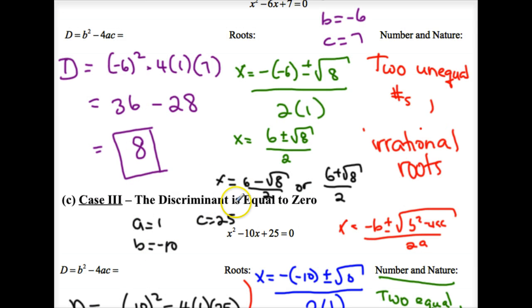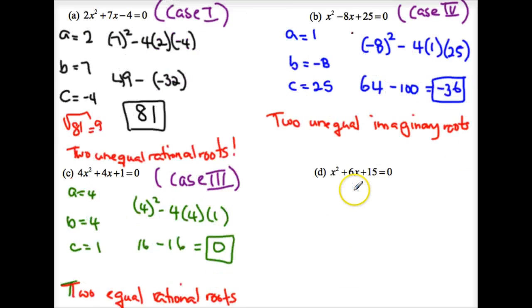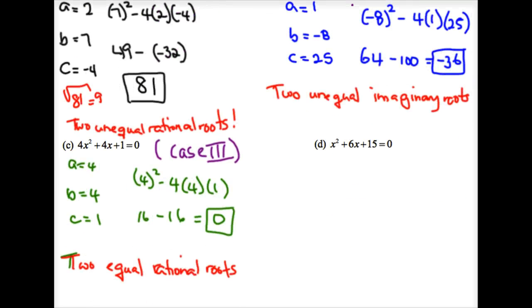Yes, case 3 is when the discriminant is 0. We know this was case 1. This was case 4. So let's try this last one here. Okay, so my A is 1, my B is 6, my C is 15.